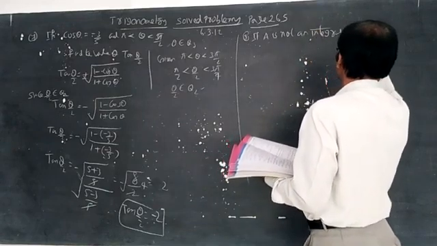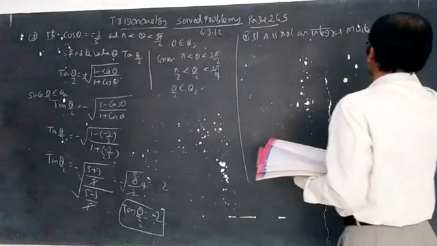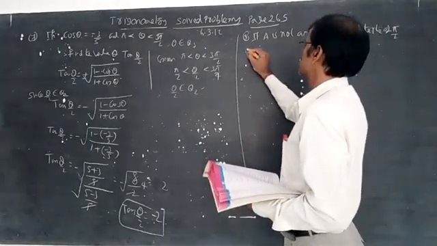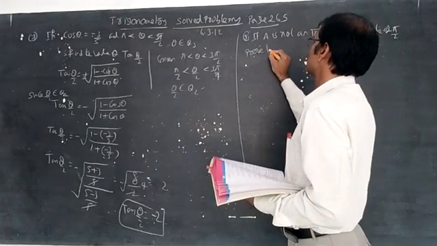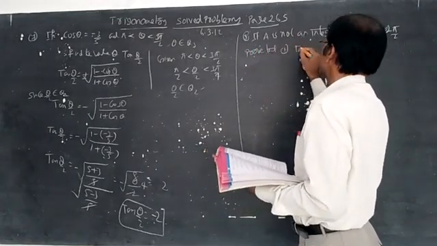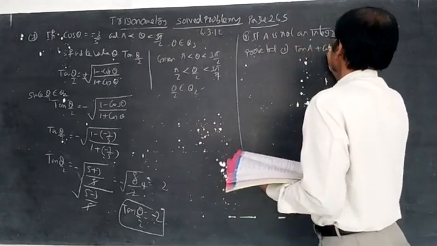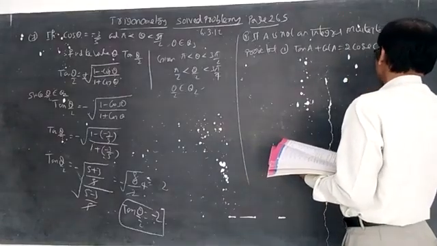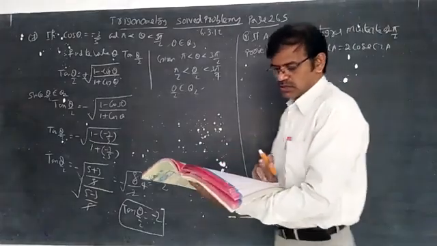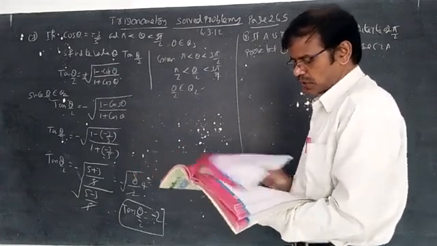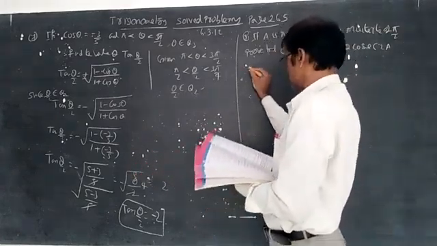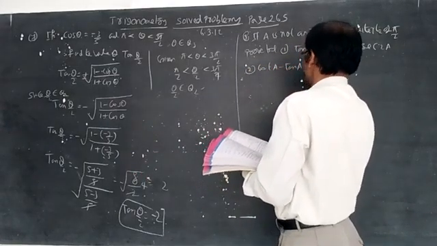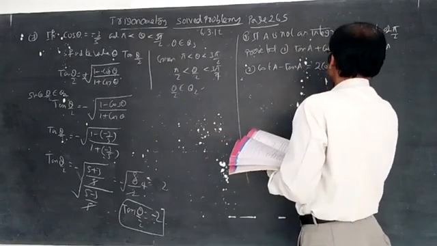If A is not an integral multiple of pi by 2, prove that: first one, tan A plus cot A is equal to 2 cosecant 2A, and second one, cot A minus tan A is equal to 2 cot 2A.